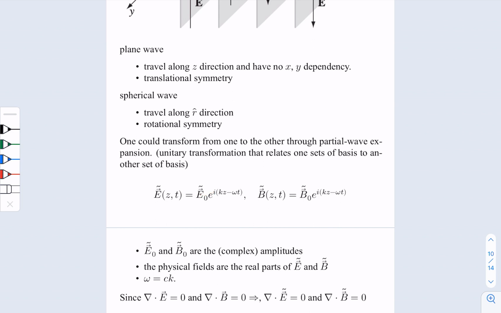Similarly for the B field, we have a complex amplitude vector multiplied by this e^(i(kz minus omega t)). Here there is only one single k and omega because we are looking at a monochromatic wave, so there is only one frequency of light.